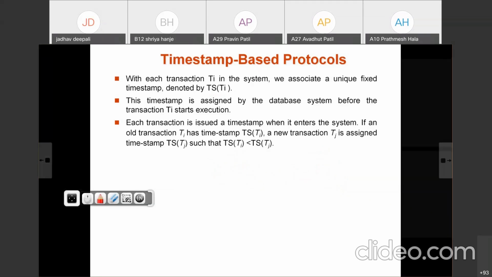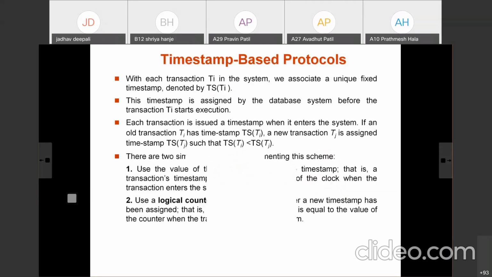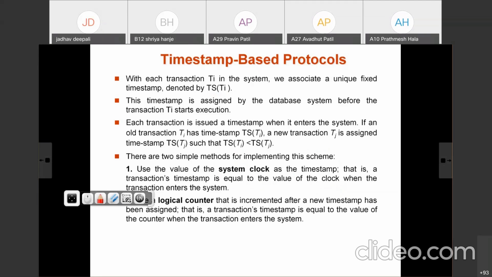This means TI is the old one and TJ is the new one, so the old timestamp is always less than the new timestamp.